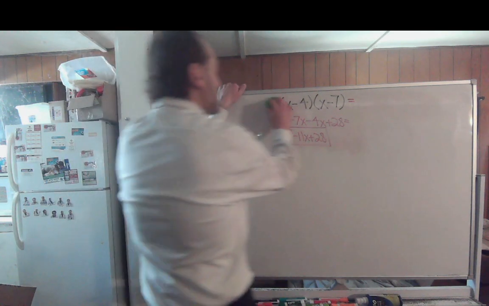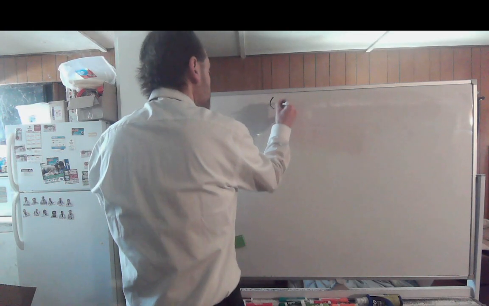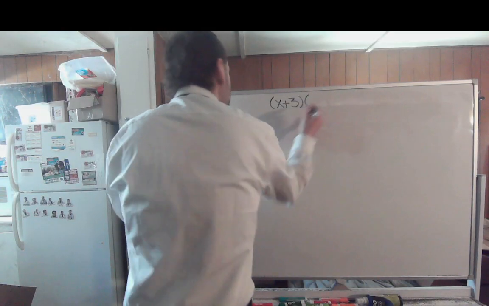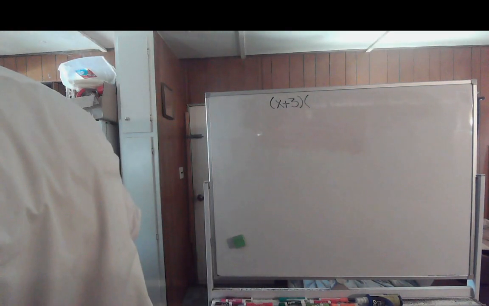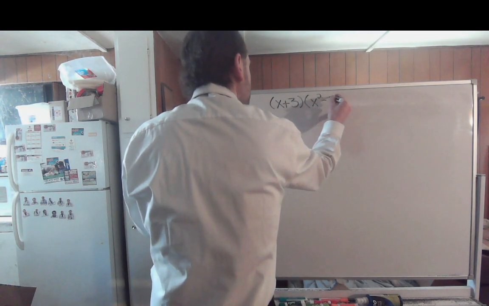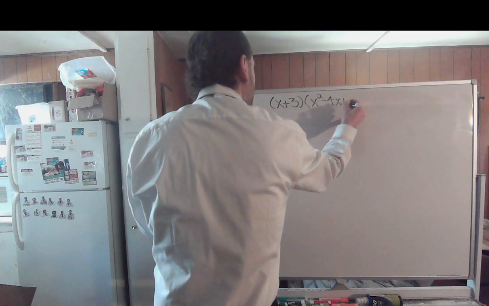Real simple. Now where it gets a little bit harder, but not by much, is when you're multiplying a binomial, such as the one I'm about to put up, x plus 3, by a trinomial. So x squared minus 4x plus 9.